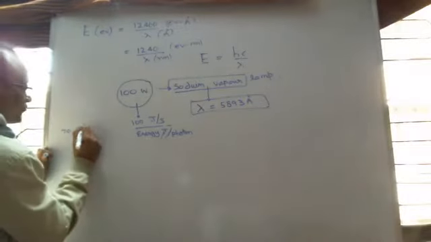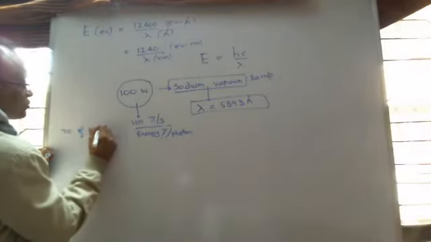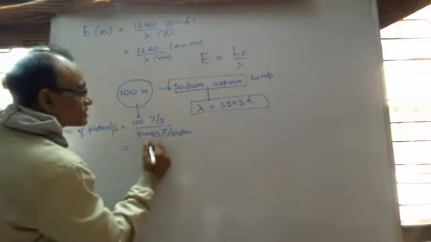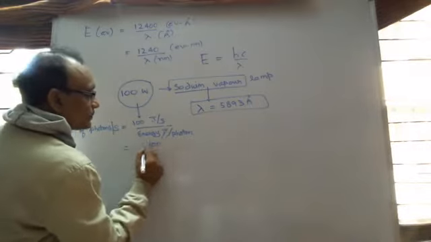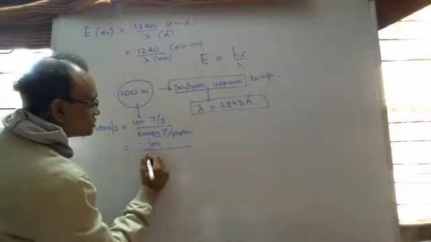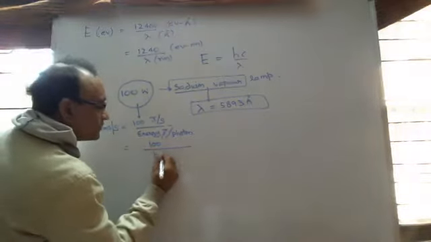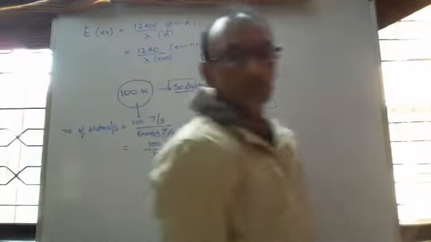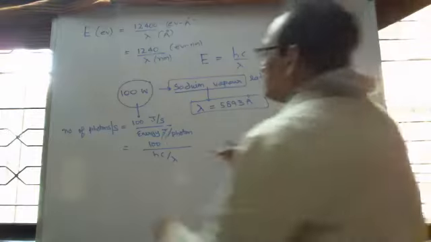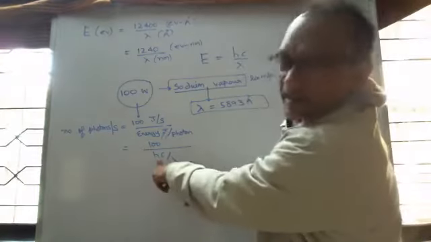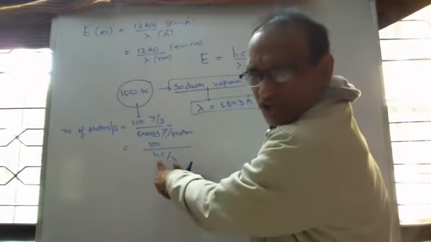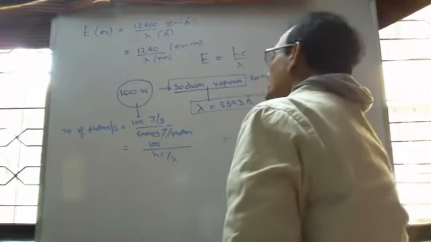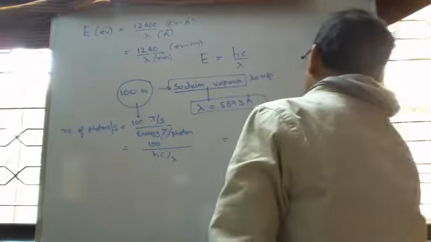Will give me number of photons per second, which is like 100 divided by energy of a photon, which is hc by lambda. अब ये तो जूल्स में, तो इसको भी जूल्स में ही लिखना होगा सारा, इसमें इलेक्ट्रॉन वोल्ट नहीं चलेगा, right? So which is like 100 divided by h.